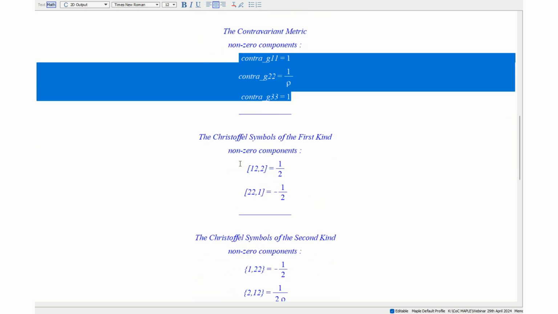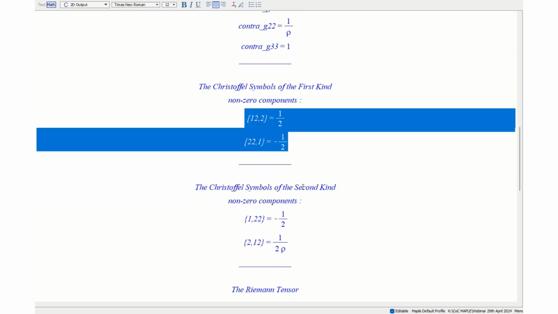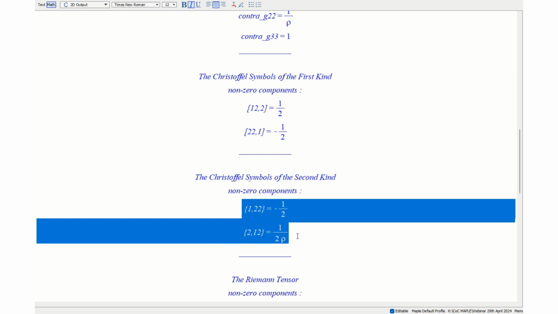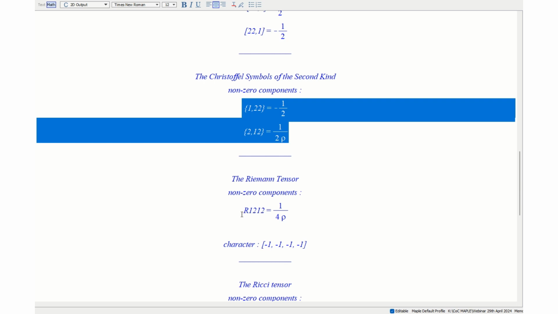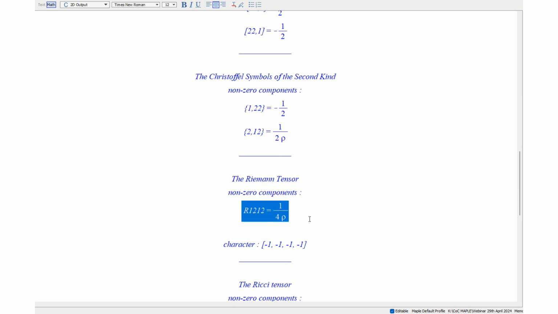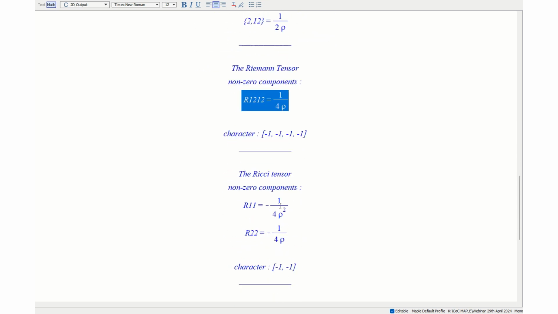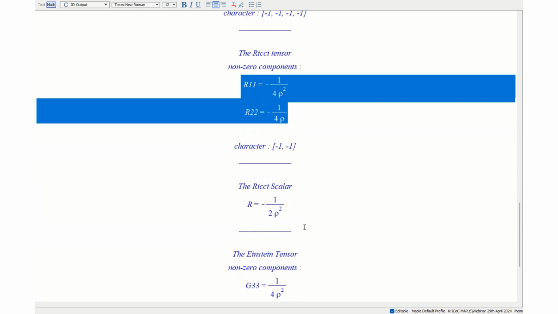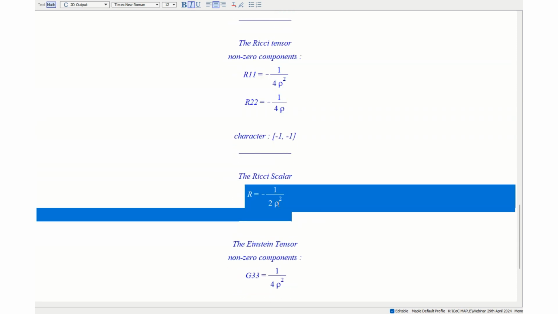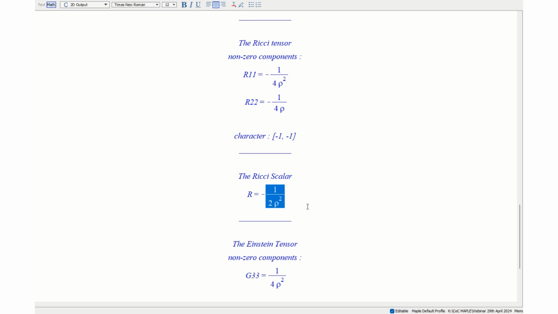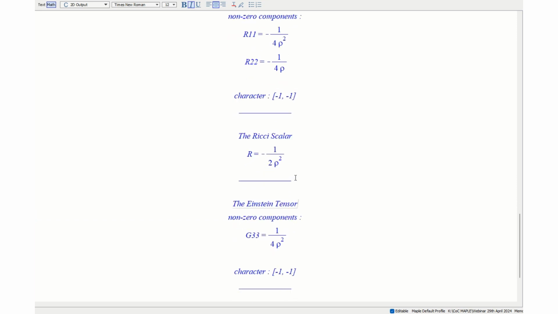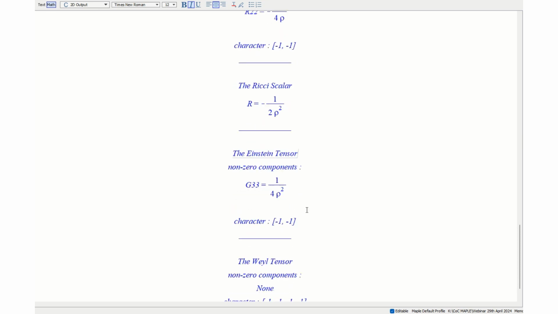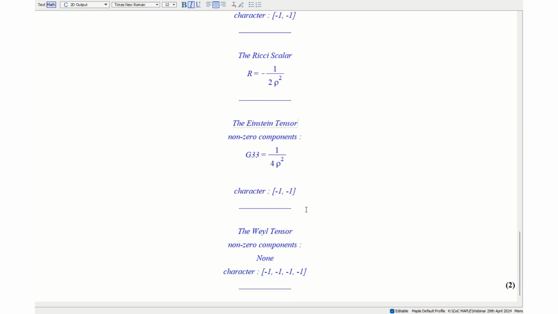Then Christoffel symbol of first kind will be plus 1 by 2 and minus 1 by 2. Second kind it will be minus 1 by 2, and 1 by 2 rho. The Riemann tensor's only non-zero component is 1 upon 4 rho for R1212, and the Ricci tensor like this. The Ricci scalar for cylindrical curvature is like this, minus 1 upon 2 rho squared, and the Einstein tensor's non-zero component is only G3, and the Weyl tensor has all components 0.